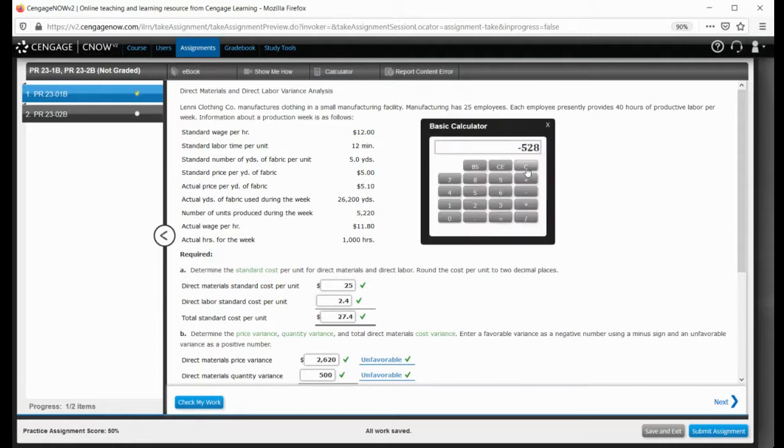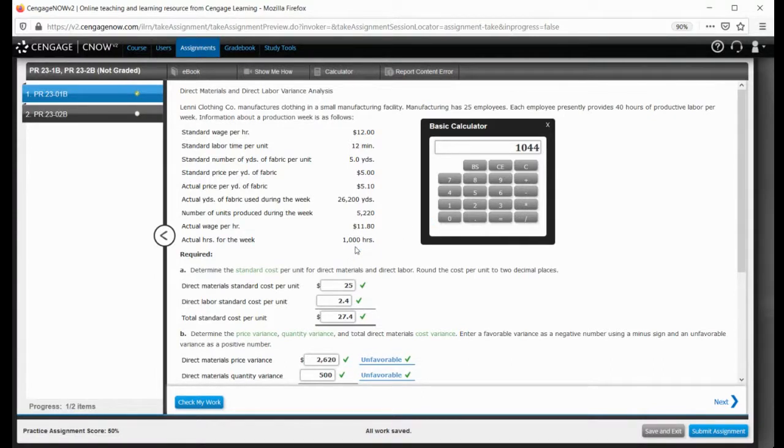So if we put in 12 minutes divided by 60 minutes, it gives us 20 parts of an hour times the actual units produced of 5,220, and that will give you 1,044 hours. That 1,044 hours is your standard direct labor hours, which would be compared with the actual hours of 1,000 hours.